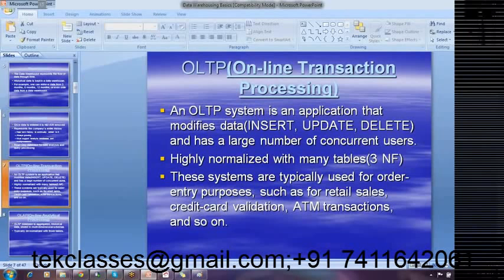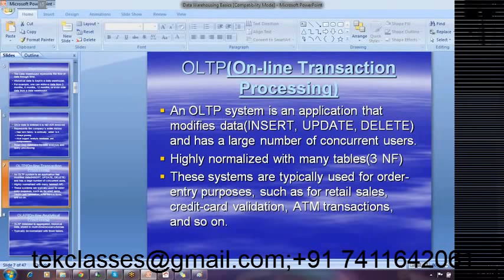Let's say Citibank has 1 lakh customers, and 1 lakh people will access the internet banking application to do transactions. The OLTP application, as we understand, is normalized up to third normal form. Normalization is the process of dividing the data into multiple tables, which is called a normalized structure.